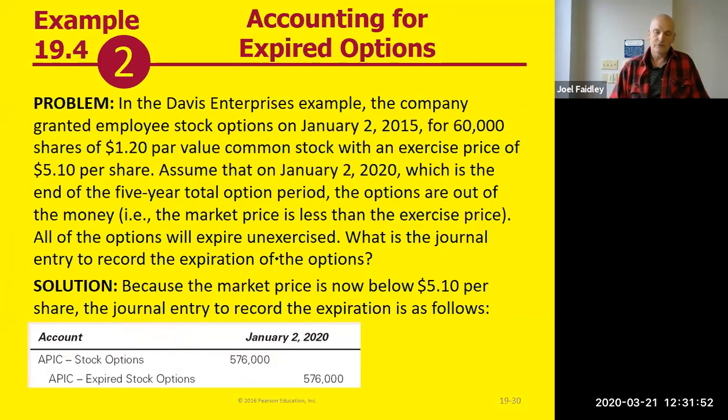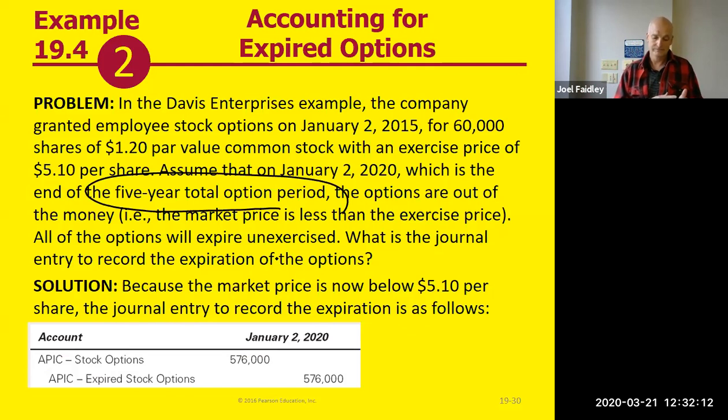But if you go through, and I don't know what the end period is, 5-year option period, there it is. If there's a 5-year option period, then you've reached the end of 5 years, and the stock price never got above $5.10. Nobody's going to pay you $5.10 for something that they can sell for $4, are they?